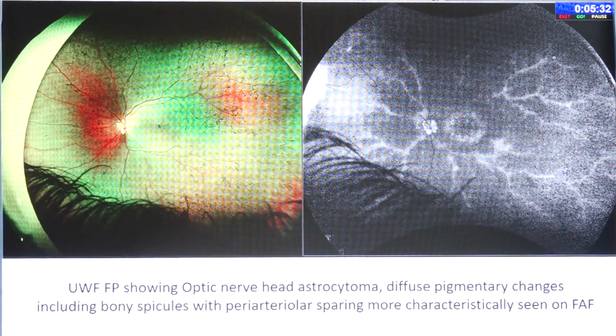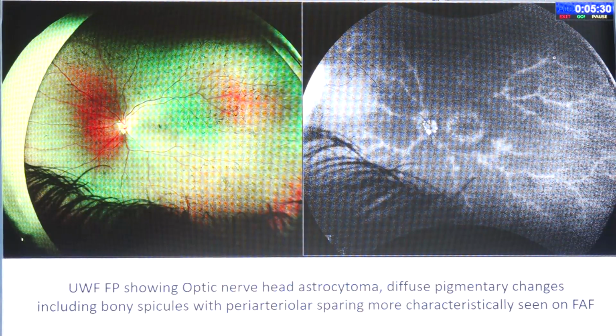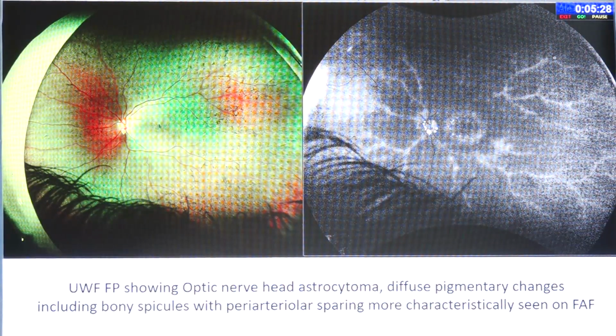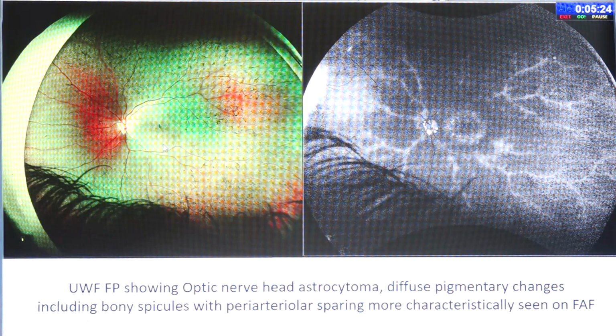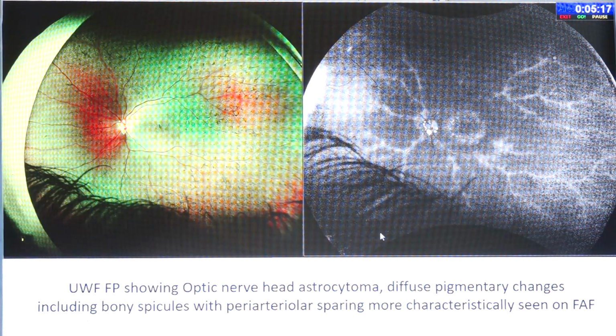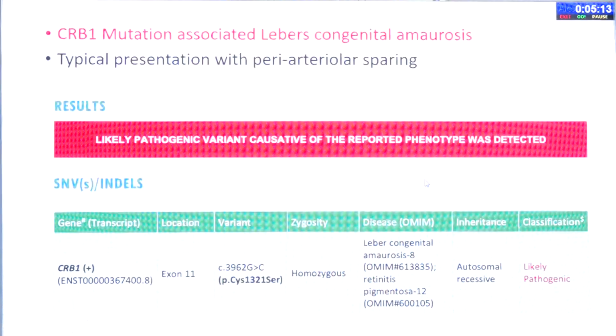Now that is, to my mind, a criminal diagnosis, because that's not how it works. When we did the ultra wide field of the left eye, it showed diffuse pigmentary changes with periarteriolar sparing, which is very characteristic; you can see that the arterioles are spared.